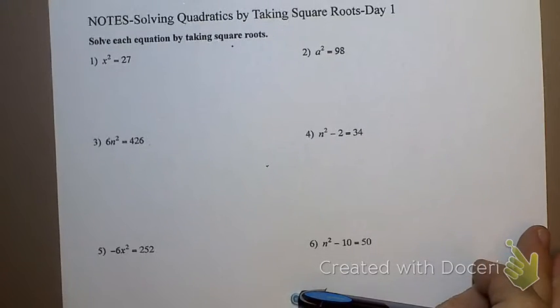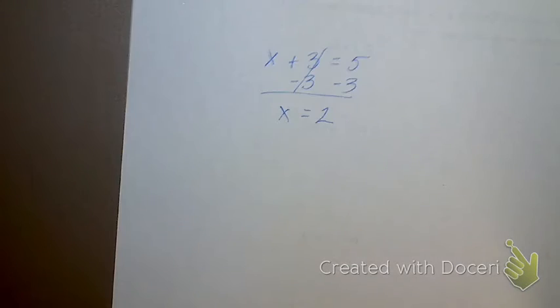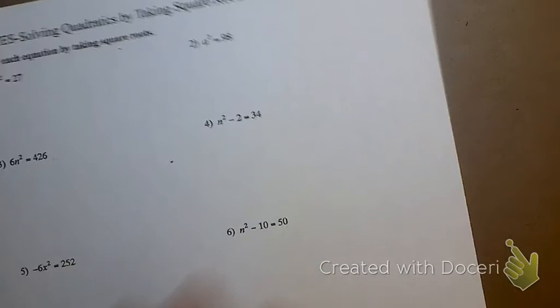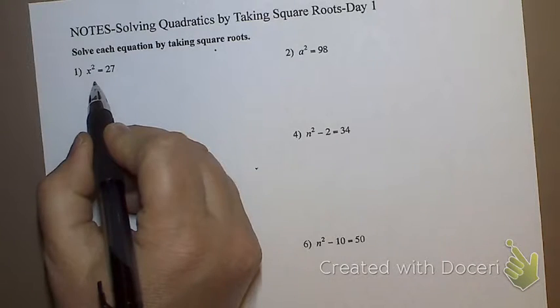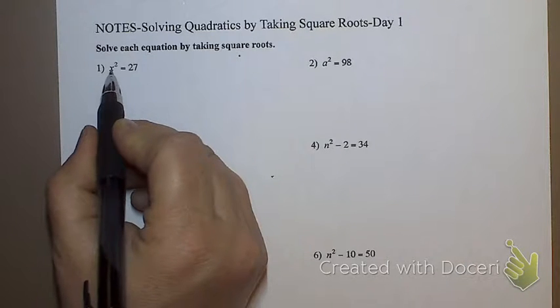However, I don't just have plain old x. What do I have? X squared. So the first part is that I need to treat it like one of these and get x squared by itself. And then there's one other step I'm going to throw on at the end. So, is x squared by itself? Yes, x squared is the only thing on the left of the equal sign.